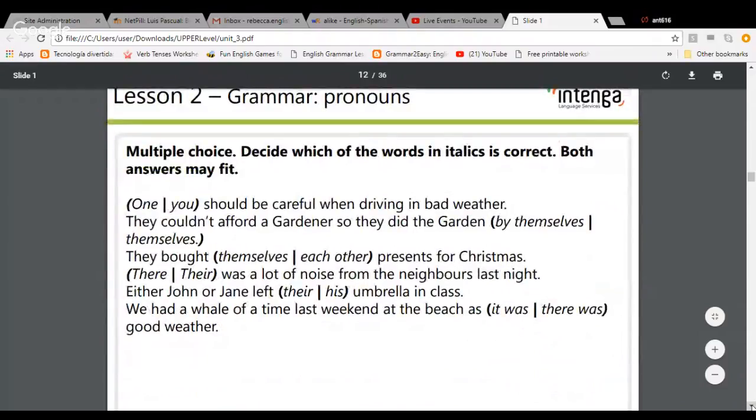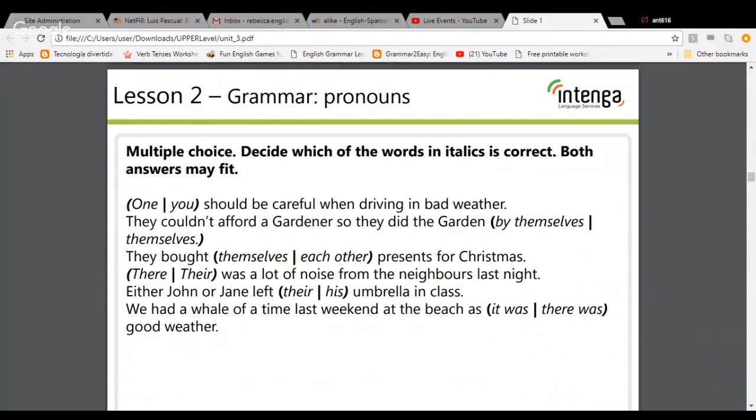Okay. So multiple choice: decide which of the words in italics is correct. Both answers may fit. You should be careful when driving in bad weather. One should be careful when driving in bad weather.